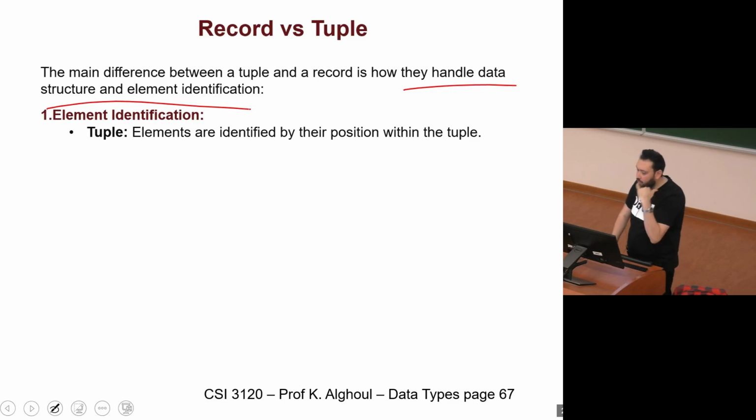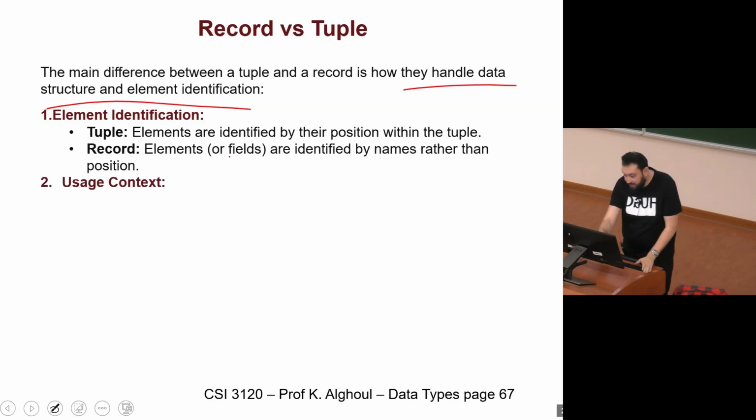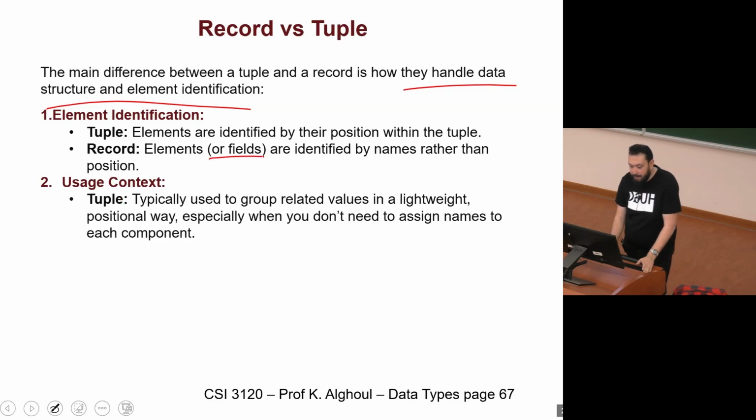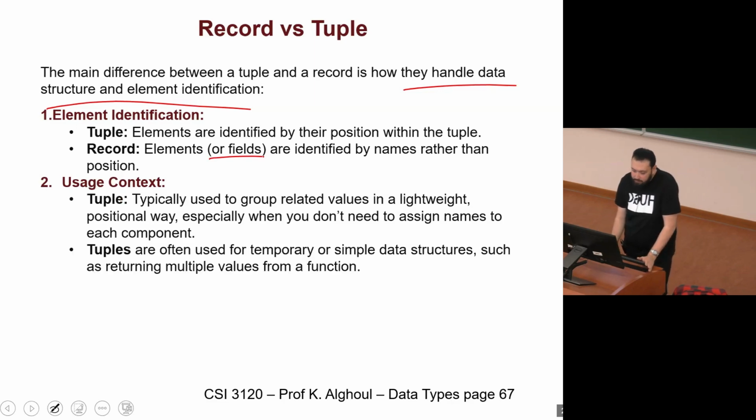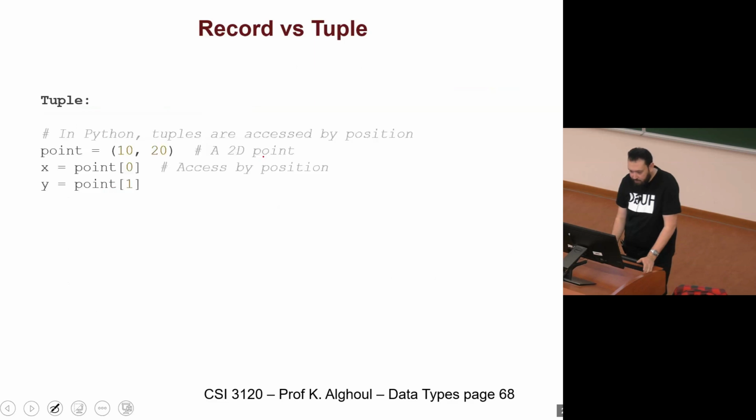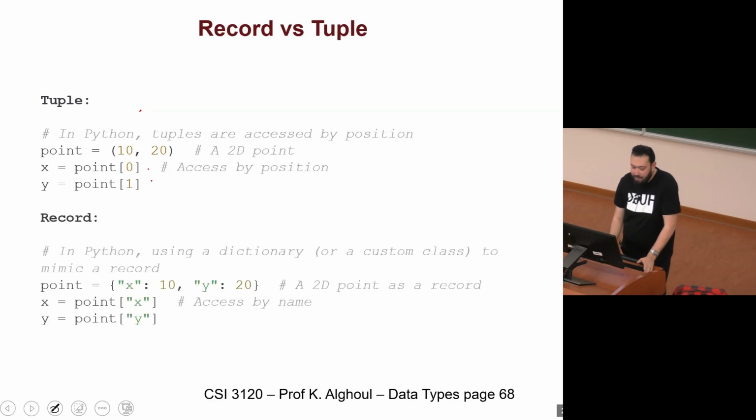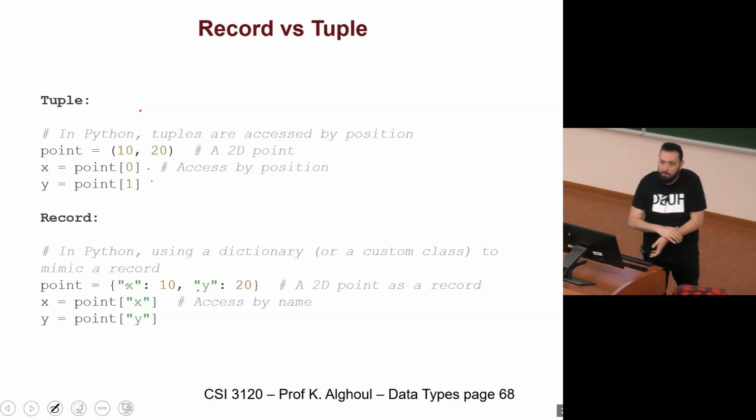How do I access it? Or through fields or names? And then usage contexts, we covered this also. Let's go right away here. So that's a tuple. If I want to access 10 or 20, I have to access like this in Python. But in a record, you can just point to X or Y, and it'll have it. So this is one of the main differences.